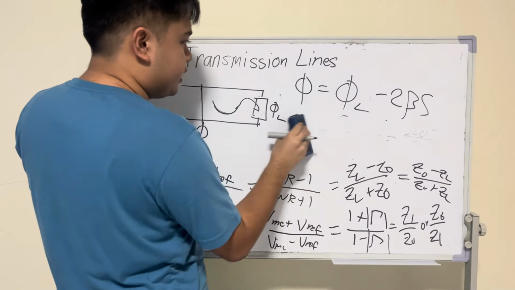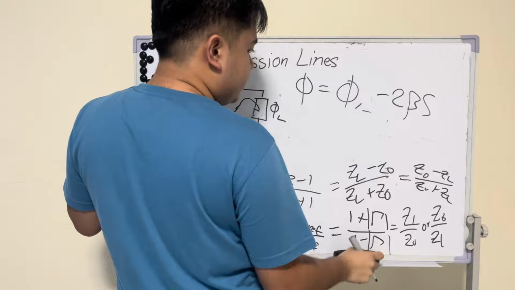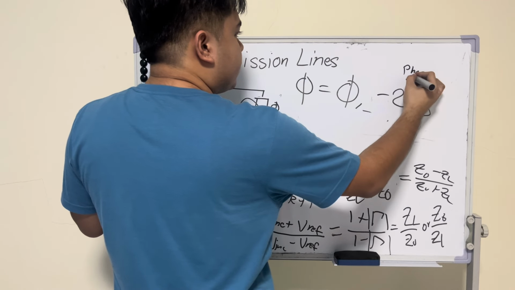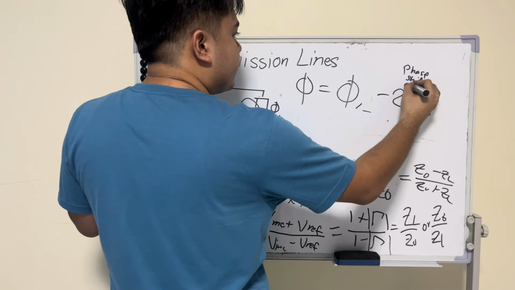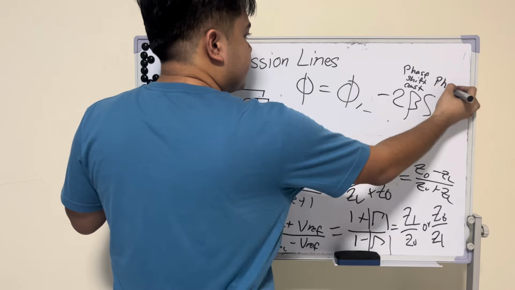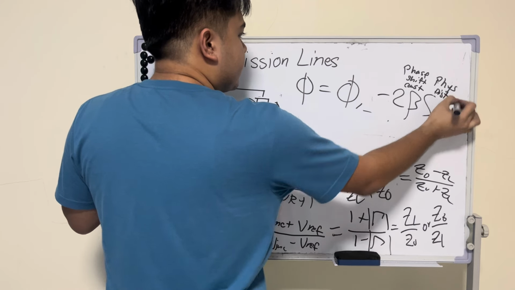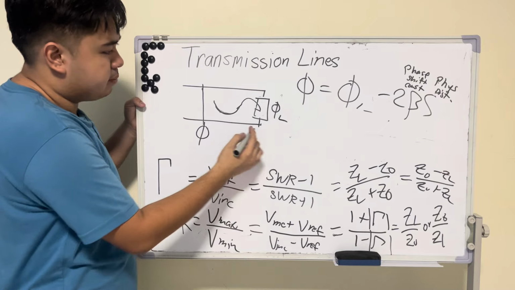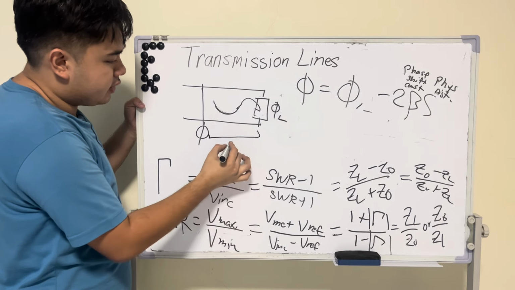Alright, let's erase that one. If this is the phase shift constant, this is the physical distance. The physical distance that the light has traveled onto that part. So the length in here is s.